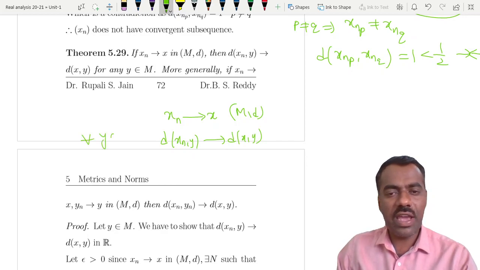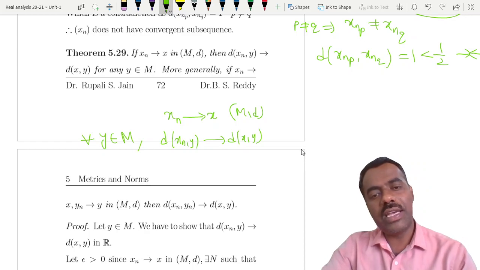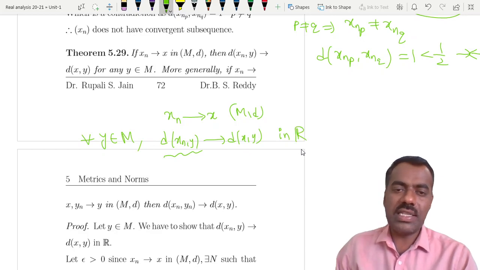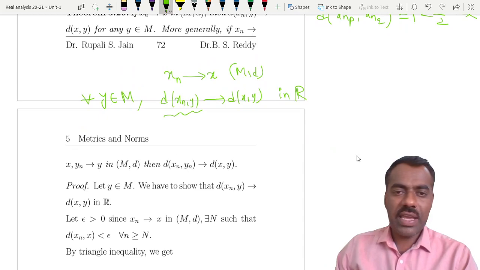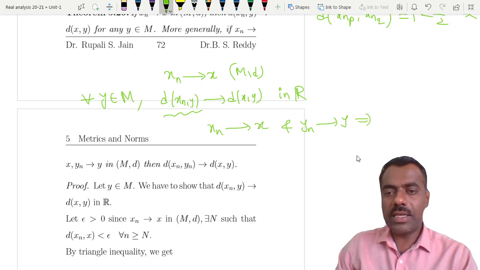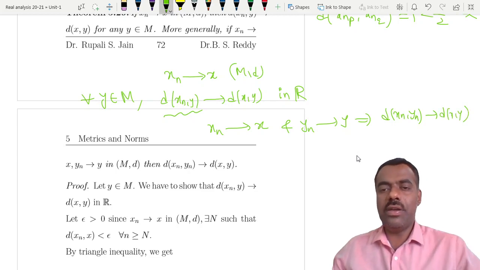So for any y in M, remember, once you talk about distance, it is a real number, so this is a real sequence. And not only that, if you have two sequences, xn converging to x and yn converging to y, then you can prove that the distance between xn and yn converges to the distance between x and y.